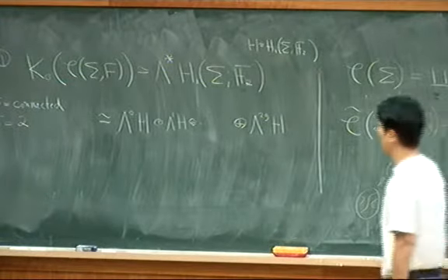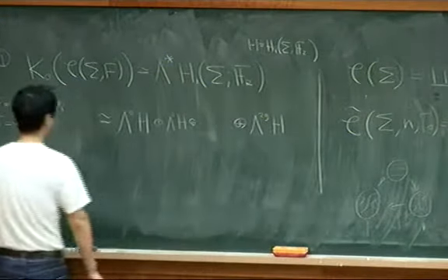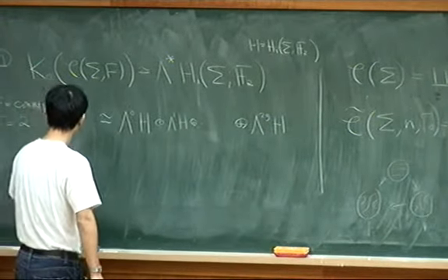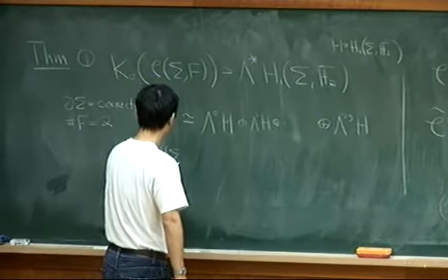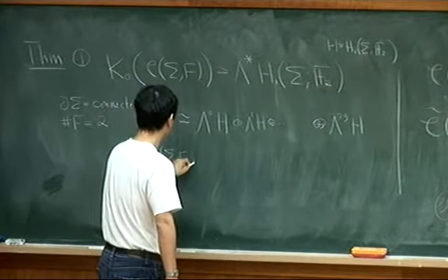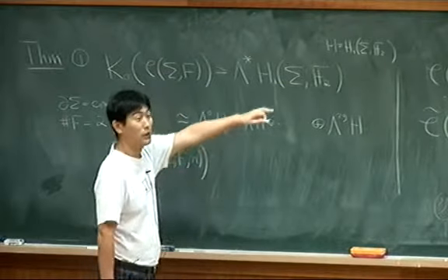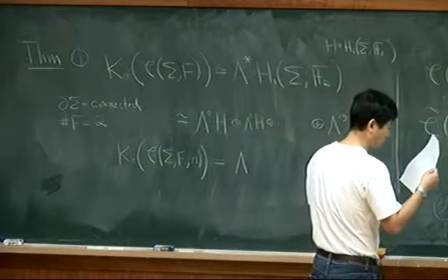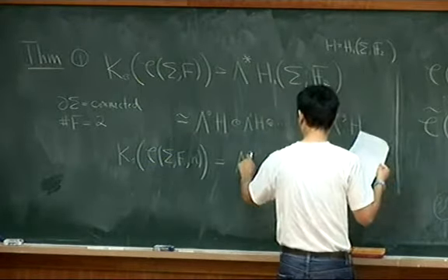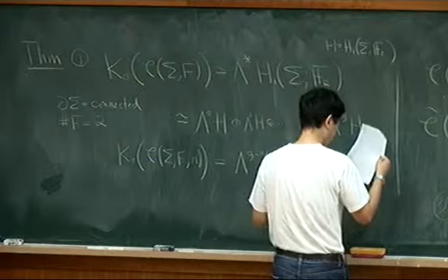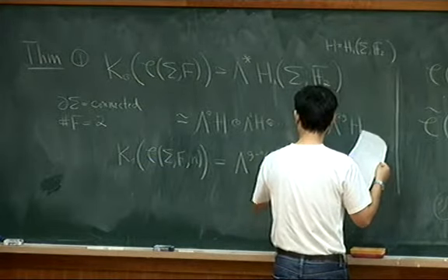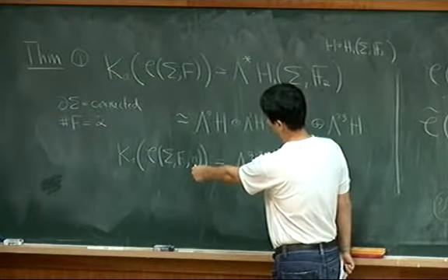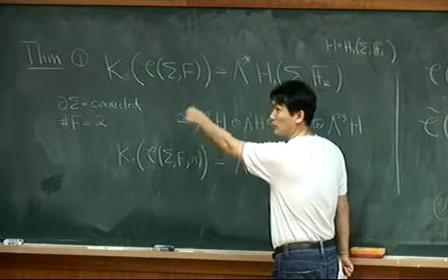So if you write K of sigma F, and then you put the integer n, indicating which connected component, it turns out to be wedge of, I don't really remember this, g minus n over 2 times of H. So all this is saying is that n goes from minus 2g to 2g.